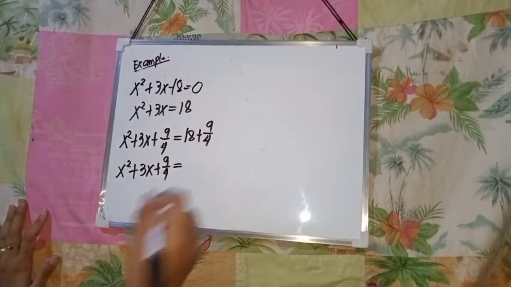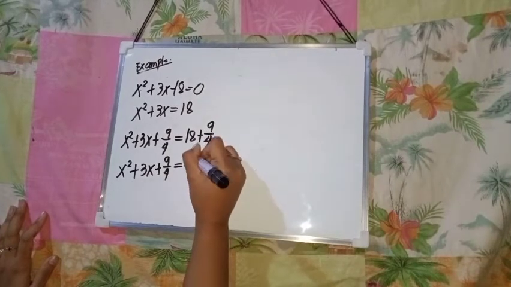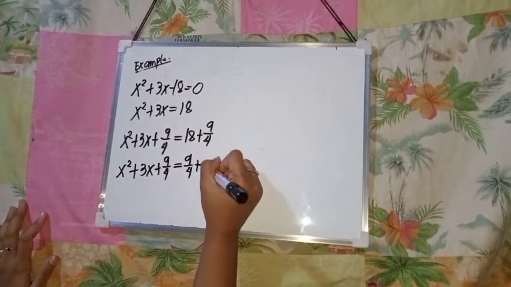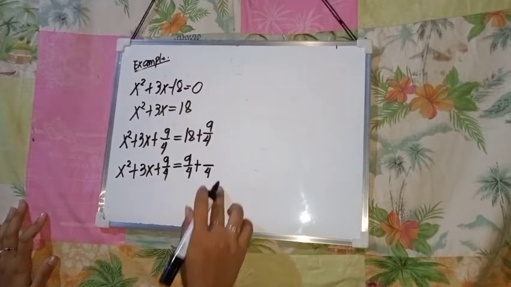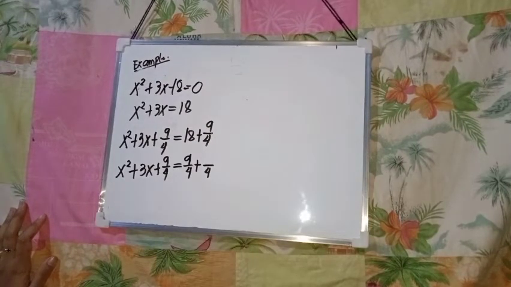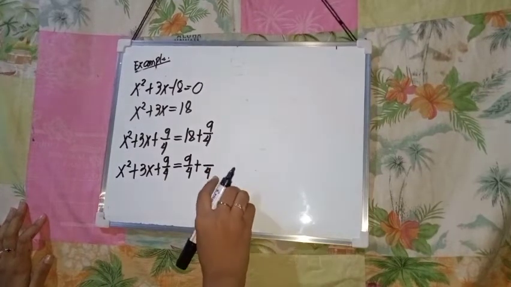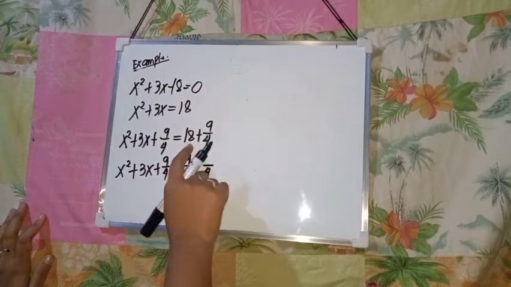First, let's copy 9 over 4 plus 18 over 4. In adding fractions, we need to have the same denominator. Since we put 4 as a denominator of 18, we need to multiply 18 by 4.